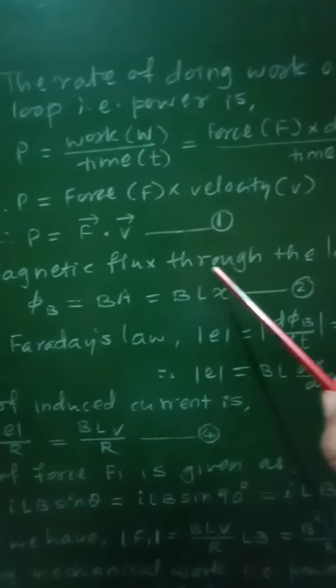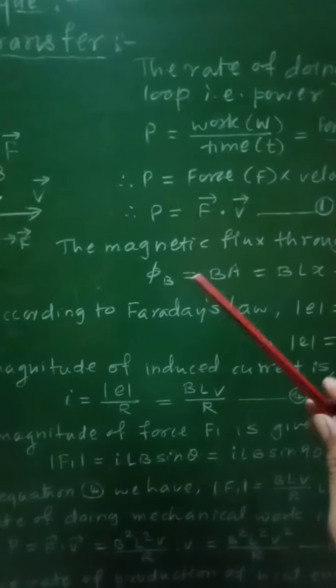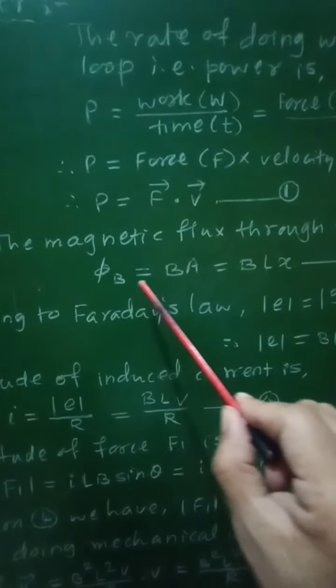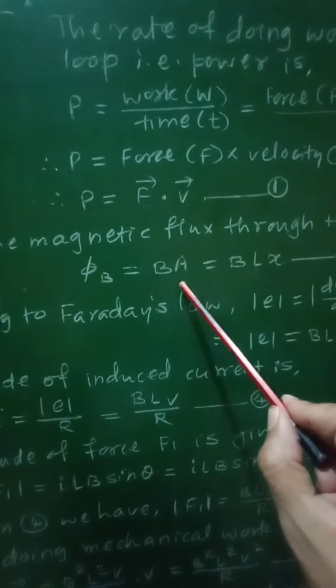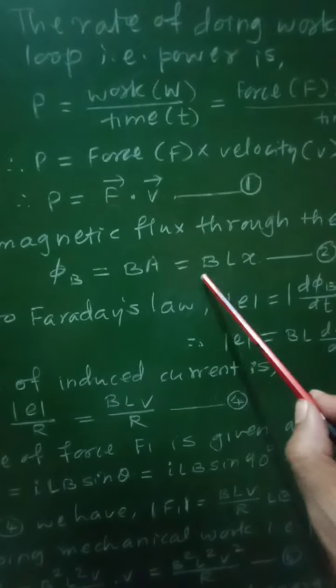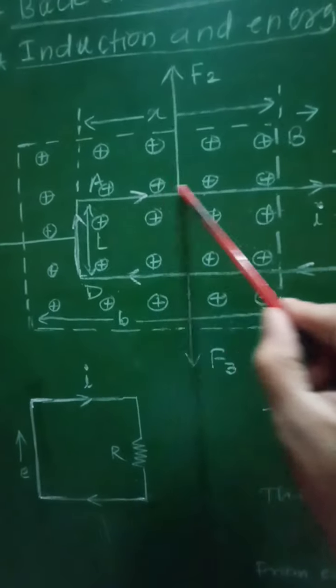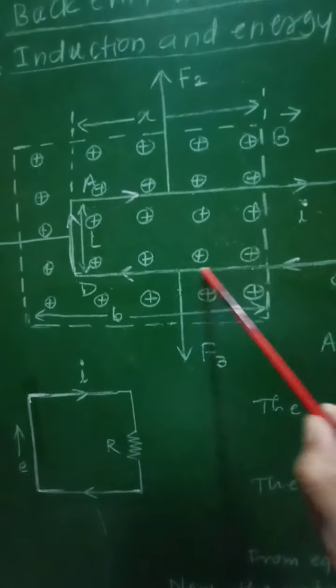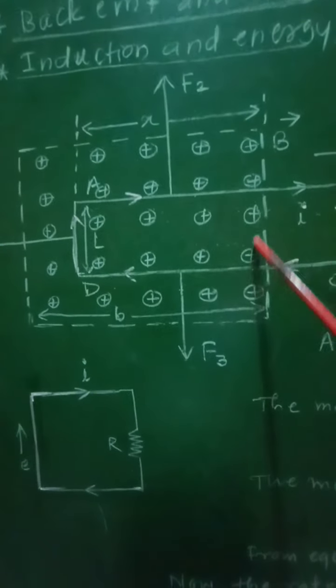Then the magnetic flux through the loop will be given as phi B equal to BA, because magnetic flux is the product of magnetic field and area, that is equal to BLx. Now for area A, we have to consider the part of that rectangular loop which is inside the magnetic field.